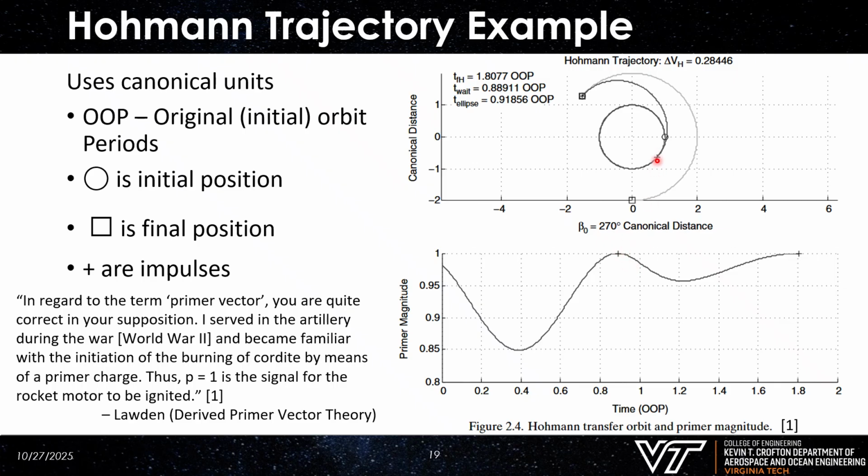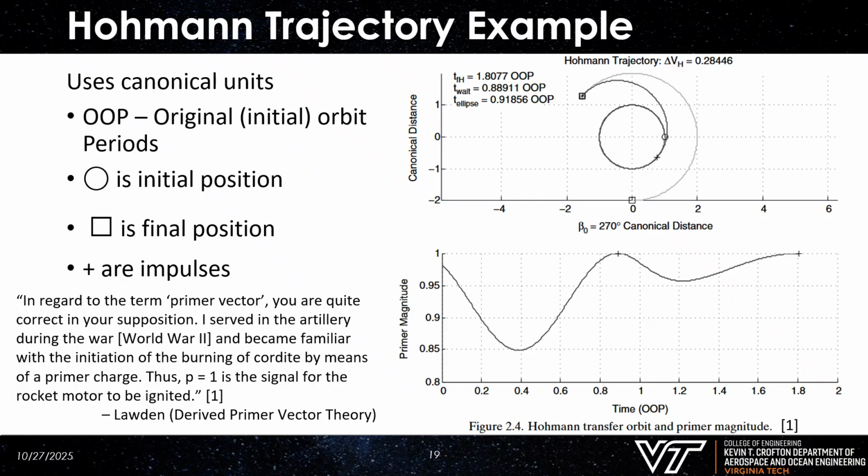So that is the location of the first impulse. And you can see it leaving the initial orbit and going in an orbital transfer until it gets right here where we have another plus, and that is our second delta V to match that orbital velocity so that we can circularize our orbit.